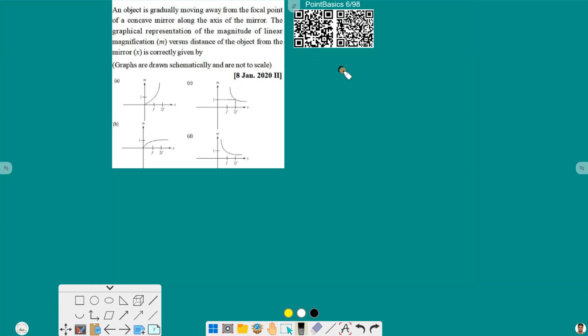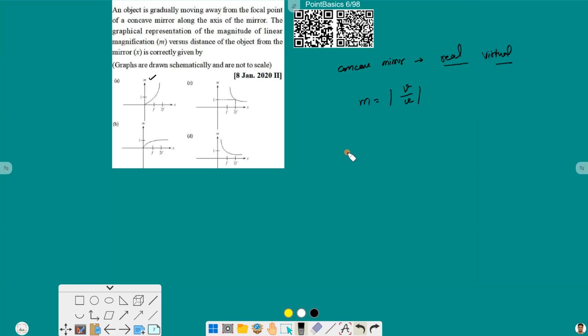Now, for a concave mirror, we know that it can produce both types of images, real images and virtual images. In the given options, we can see that magnification is always positive, so we will take only the magnitude of magnification, that will be V by U for the mirror.